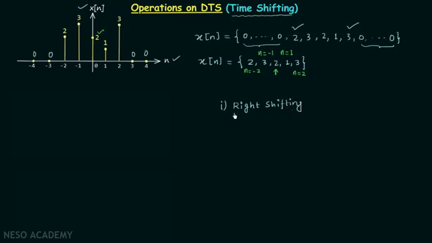For example, let's say there is a continuous time signal x(t), and we perform the right shifting by 1 unit. This means t0 is equal to 1, and when there is right shifting, we will have a negative sign between t and t0. t0 is equal to 1, so we will have x(t minus 1).